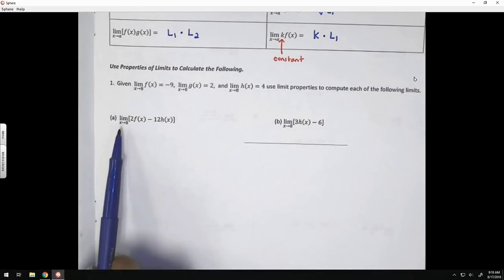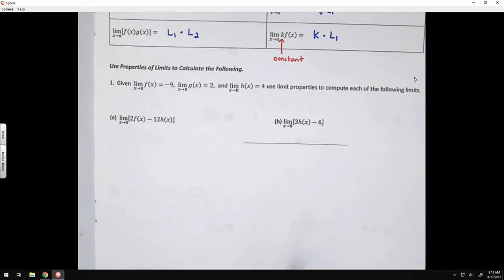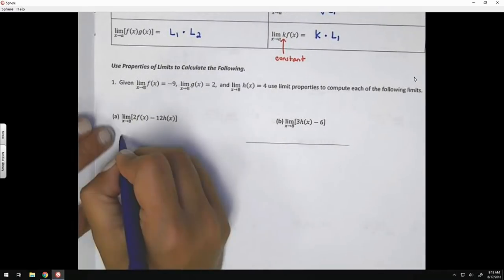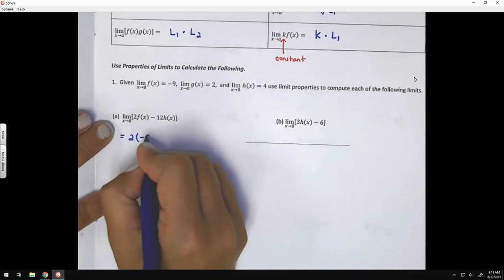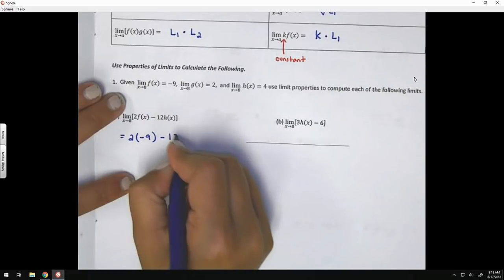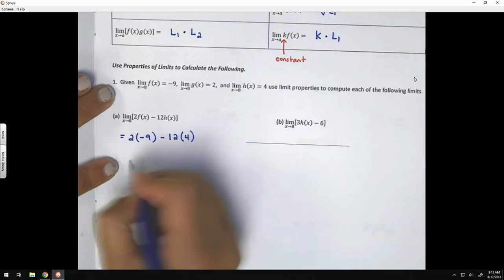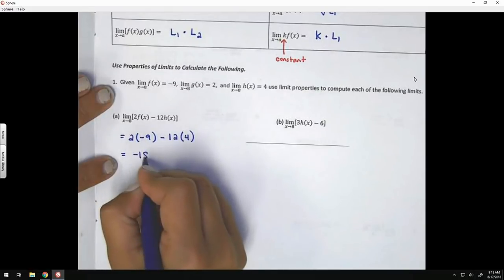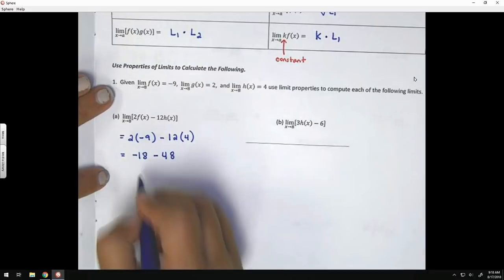Well, if I want to know the limit as x approaches 8 of 2 times f(x) minus 12 times h(x), all I'm going to do is do 2 times the answer from f(x), which is -9, minus 12 times the answer from h(x), which is 4. 2 times -9 would be -18, minus 12 times 4 would be 48, so I would get -66.